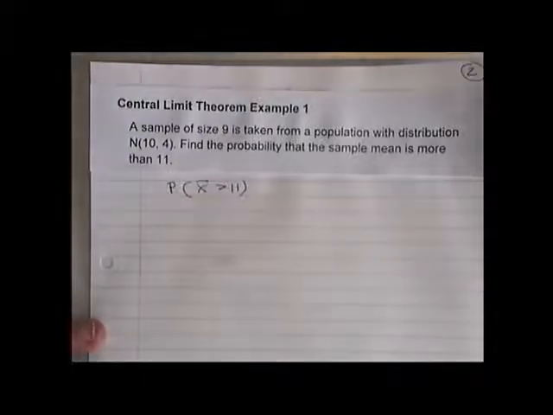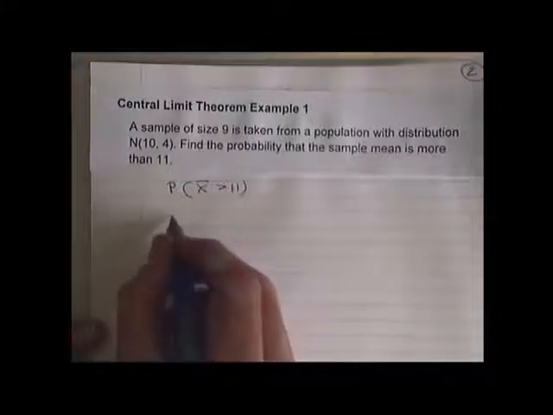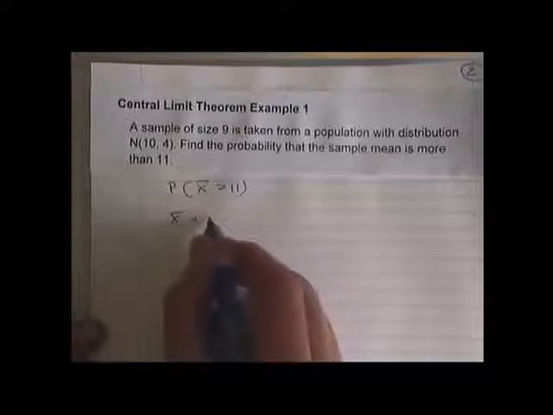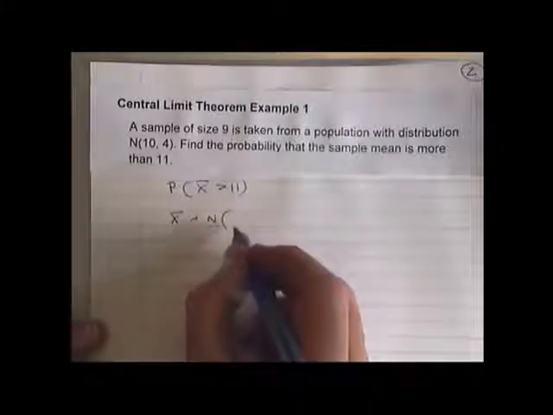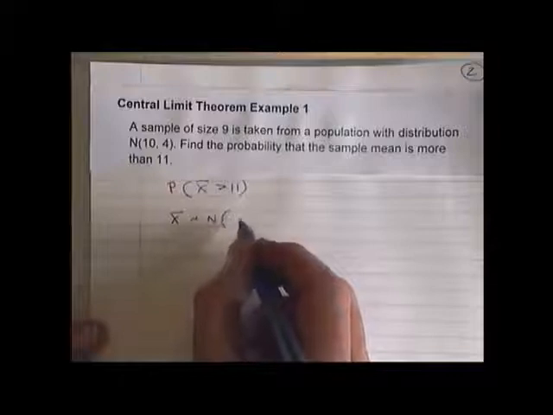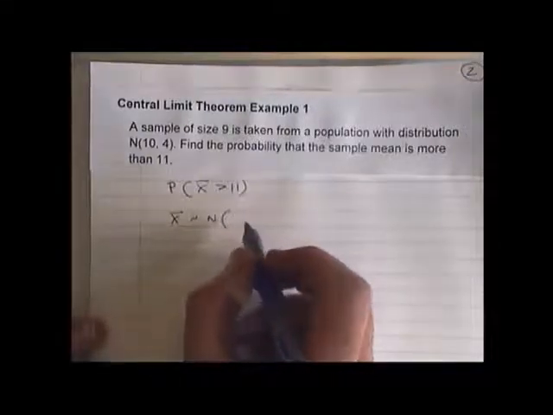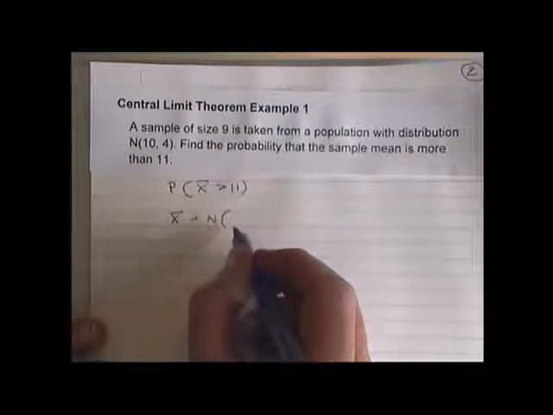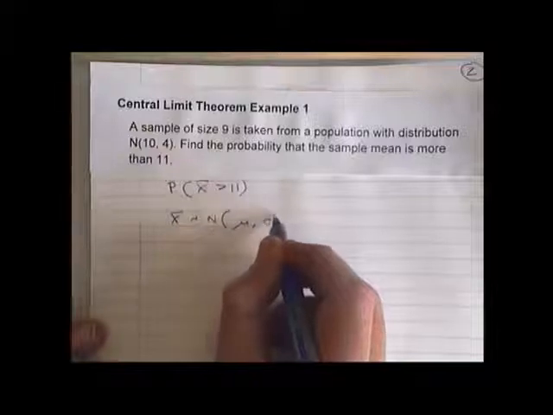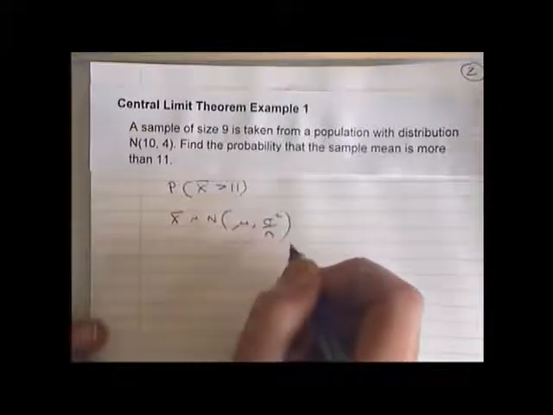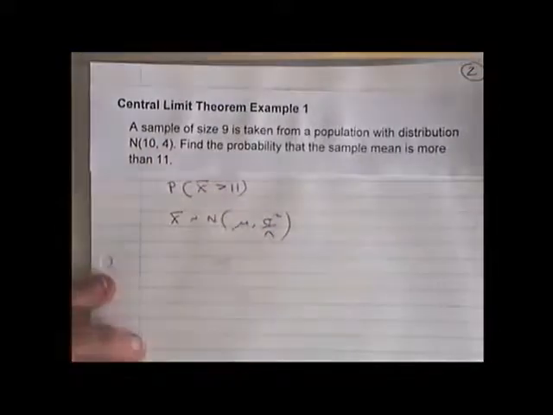And what do we know about x bar? Well, we know that x bar is normally distributed. What did it say in the central limit theorem? Without putting the numbers in, we had mu and sigma squared over n. So I'm going to write that down.